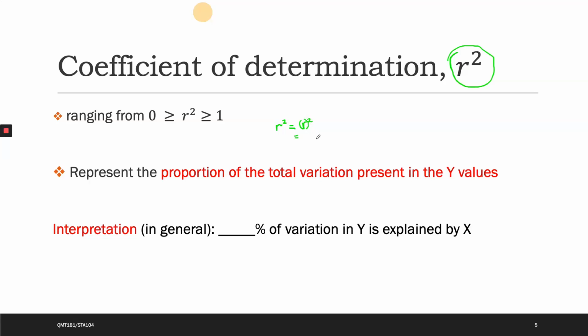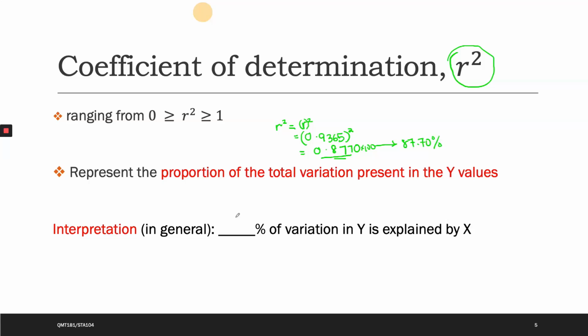Previously, the value of R that you obtained is 0.9365. So to the power of 2, you will get 0.8770. We change this into percentage, so times it with 100, you will get 87.70%.